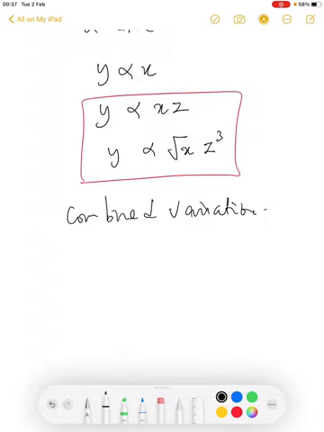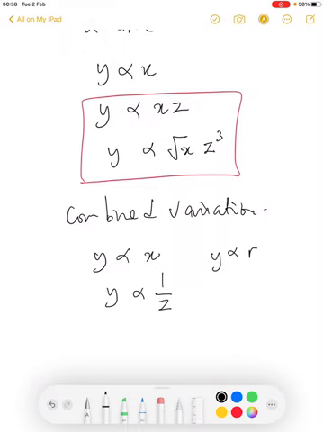For example, y varies directly as x, y varies inversely as z, and y also varies directly as r, let's say.